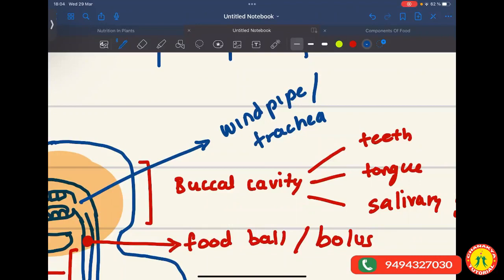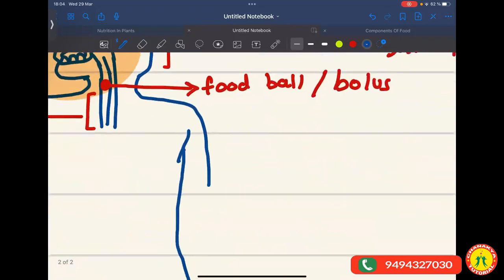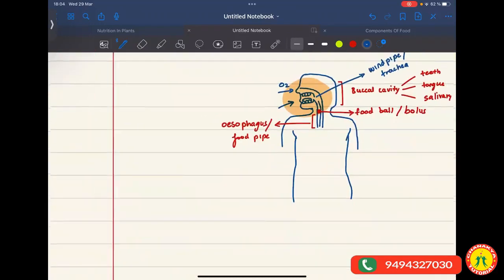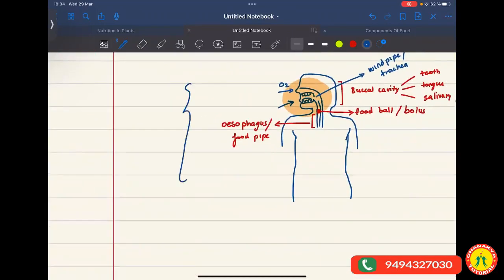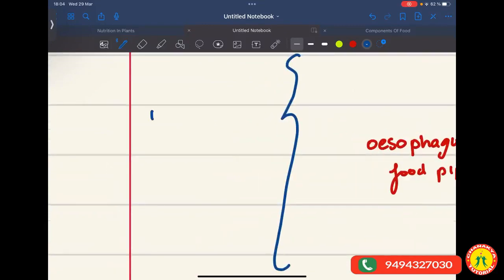Animal nutrition includes nutrient requirement, mode of intake of food, and its utilization by the body. So this whole digestive system, why should digestion occur in our body?